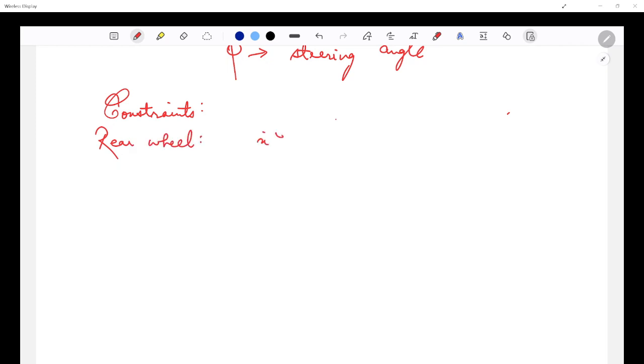x dot sin phi, let's assume it to be psi now because phi we have already taken, minus y dot cos psi is equal to 0.